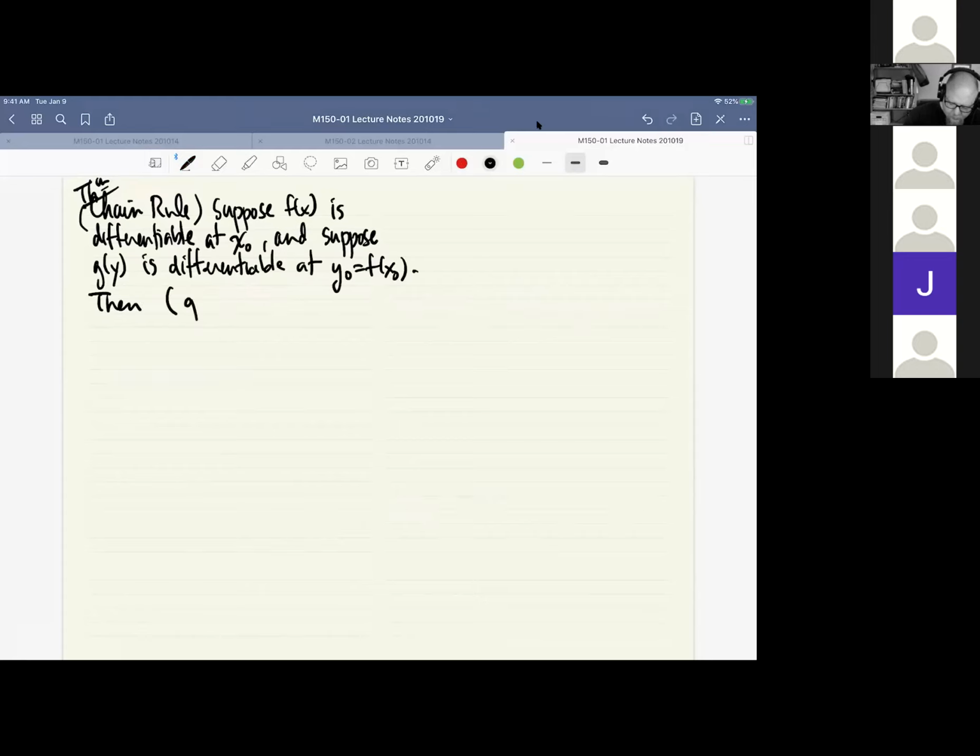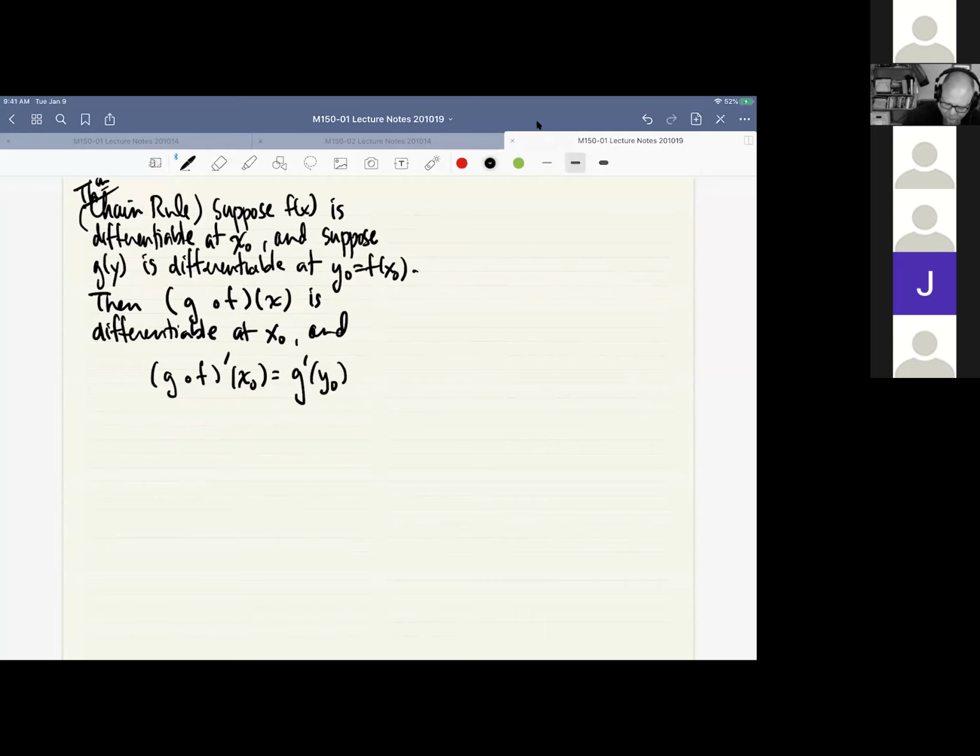Then the composition function g composed with f is differentiable at x naught, and the derivative at x naught is the derivative of g at y naught times the derivative of f at x naught. Right? That's the chain rule.